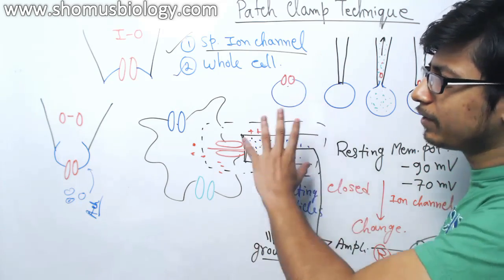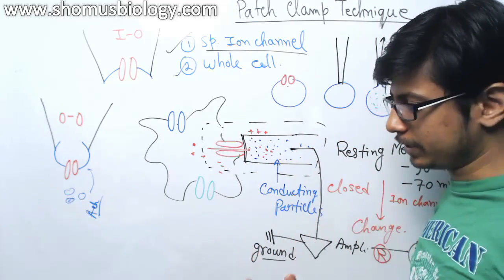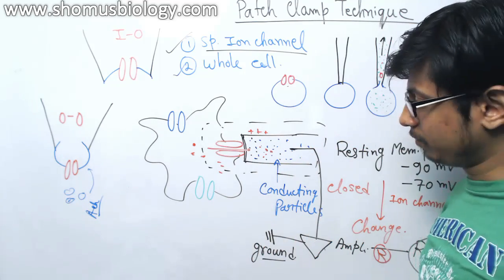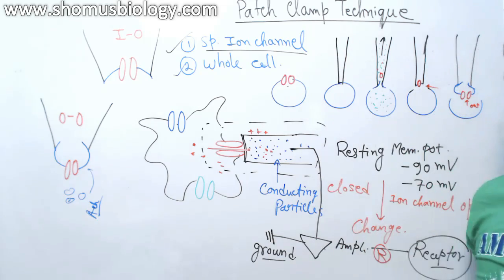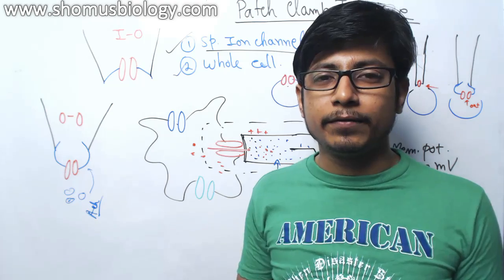So we can not only find out the effect of neurotransmitters, different chemical factors and drug targets, but we can also combine this patch clamp technique with calcium mediated fluorescent microscopy.